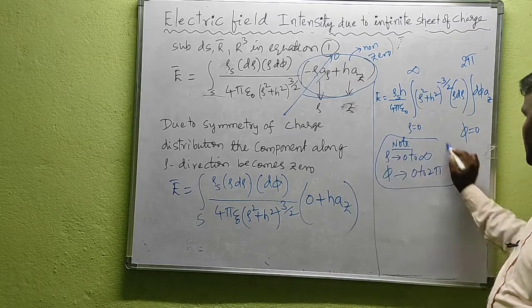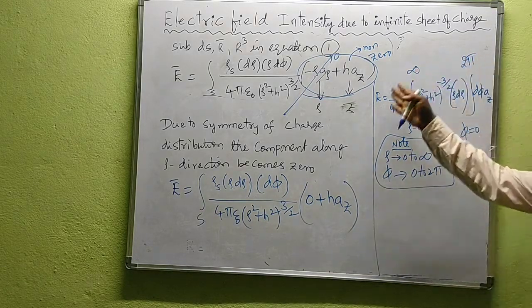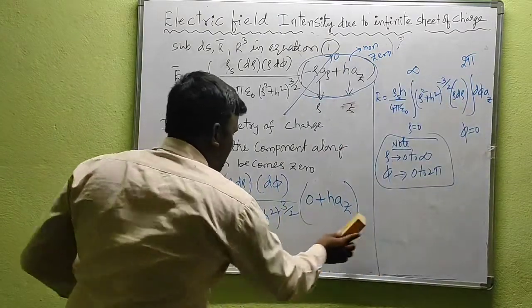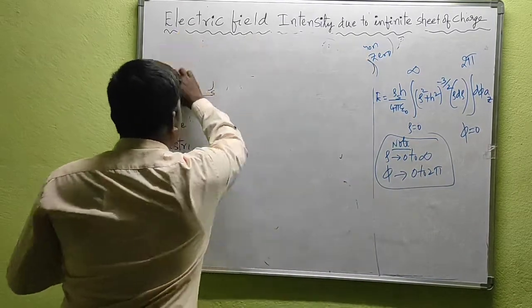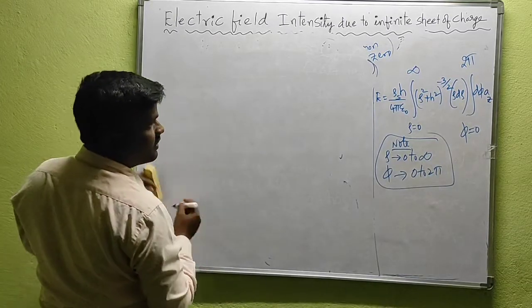Clear? Now simplify this one. For better clarity, I will write this at this place and remove this part. Now we can write E, what is E?